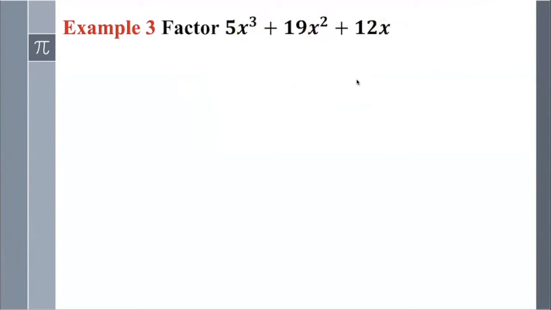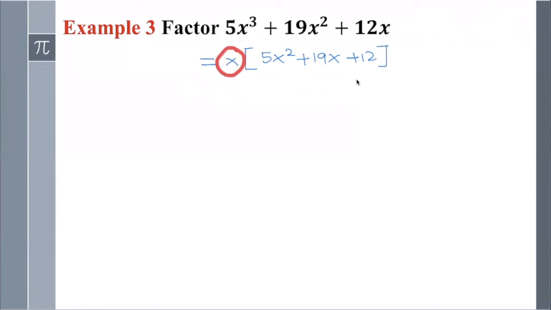So that's what I'm going to factor out first. So this trinomial equals x, so factor out the common factor of x, times, then I have 5x squared plus 19x plus 12. Now we got one of the factors, which is x.